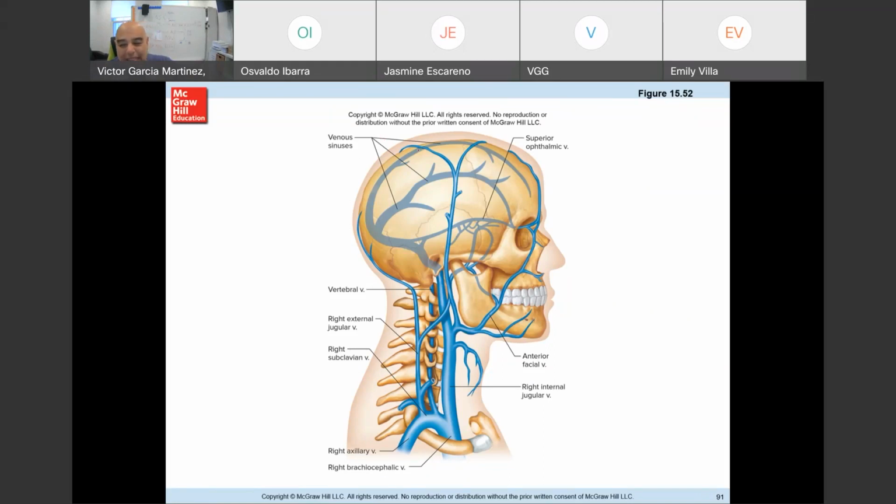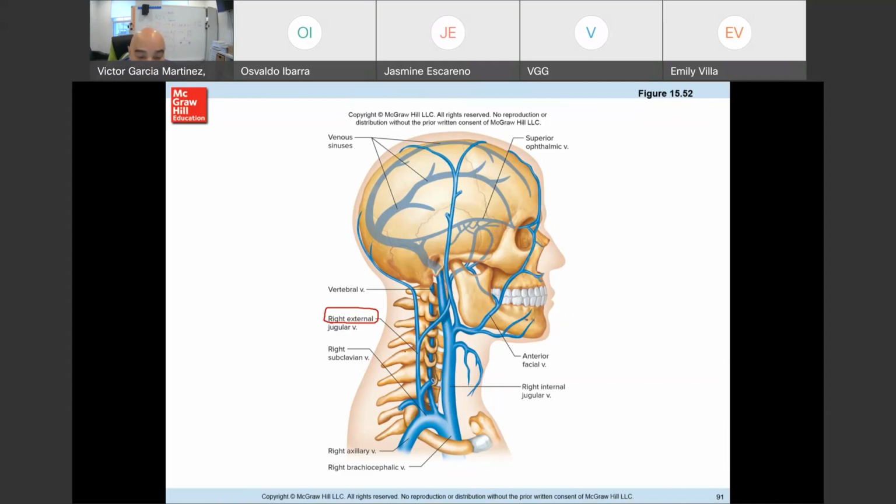They are like huge lakes of blood, and then they are draining into the jugular system, especially the right and left external jugular veins. Jugular veins are these veins.